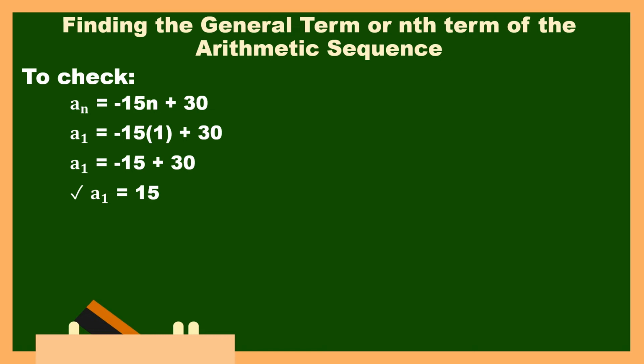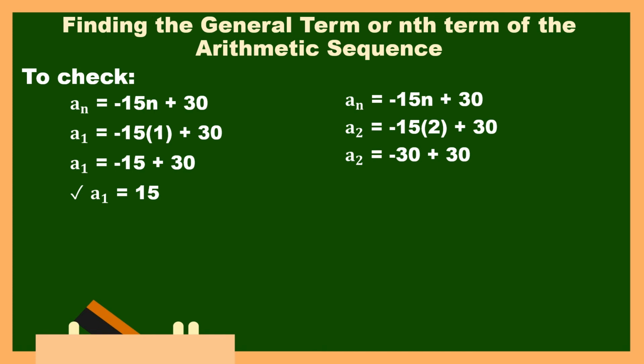At para naman sa second term, lahat ng n doon sa ating arithmetic sequence rule ay papalitan natin ng 2. Kaya siya magiging a sub 2 equals negative 15 times 2 plus 30. Then a sub 2 equals negative 30 plus 30.